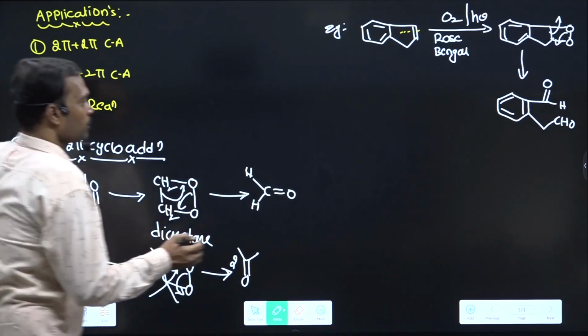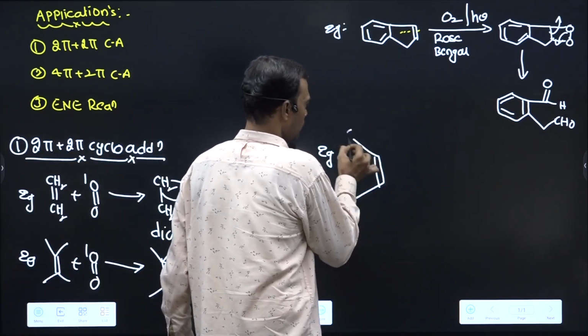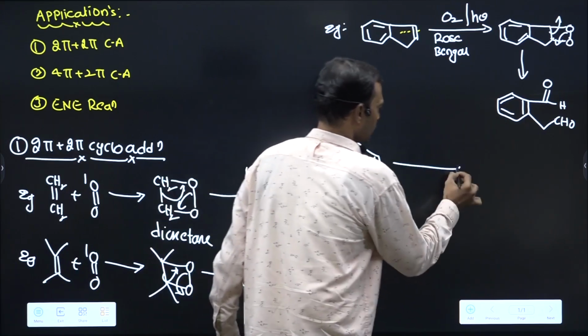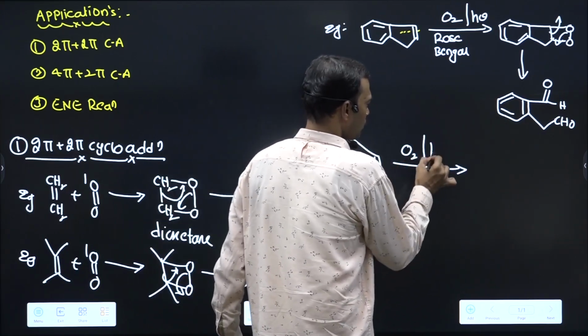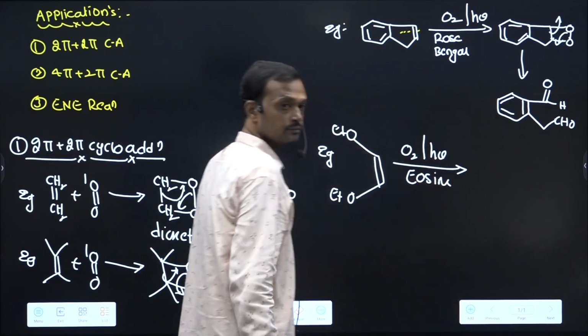You need to know how to write products. See, here this is a double bond with OEt and here also I am writing OEt. Molecular oxygen in presence of this is ozone. What is the answer?